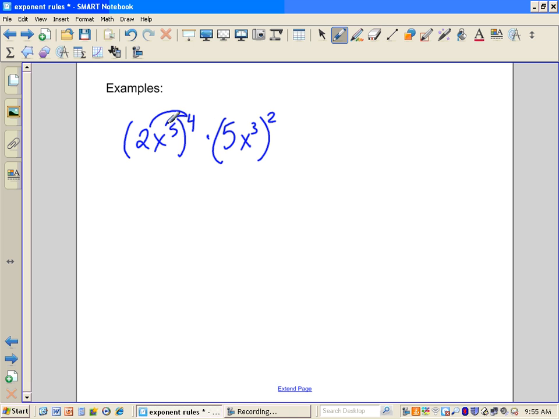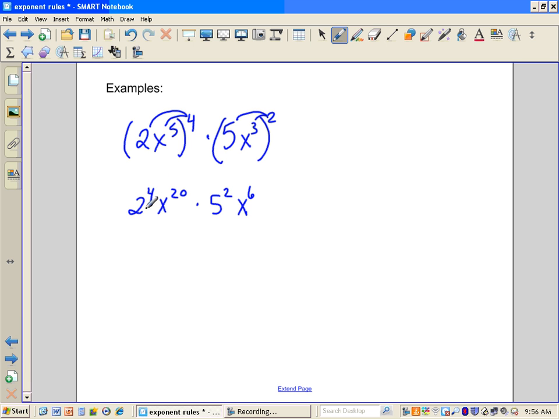So this sort of distributive property of the exponents needs to happen. So we're going to have 2 to the 4th x. When I have a power raised to a power, I multiply those. So that's going to be x to the 20th times 5 squared, x to the third, raised to the second again. I multiply those, so that's going to be x to the 6th.